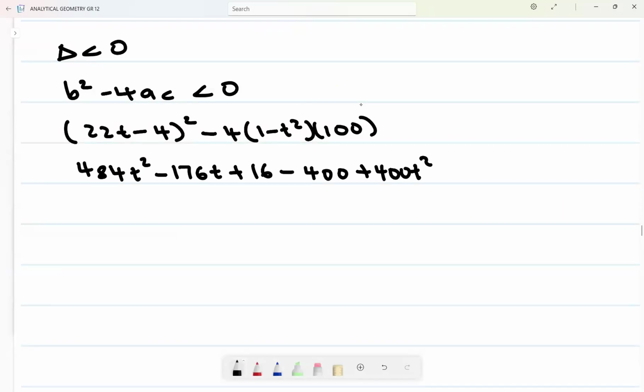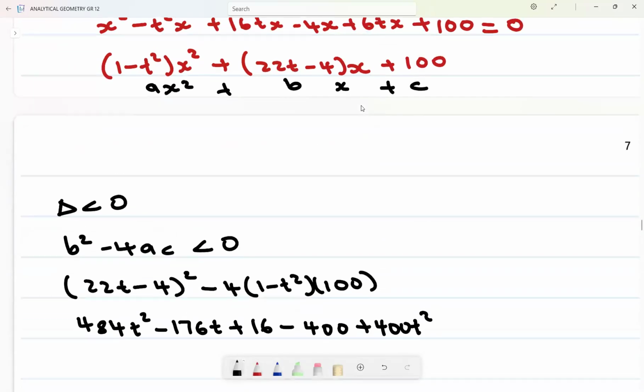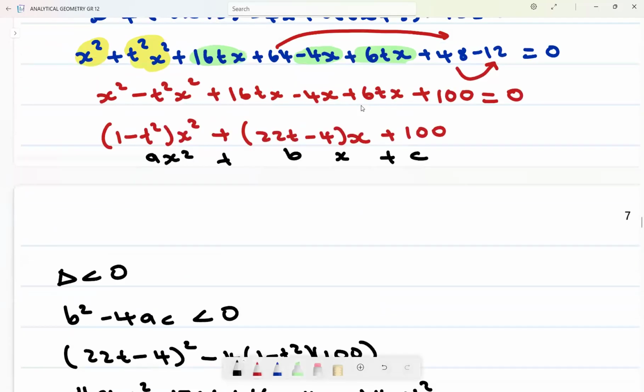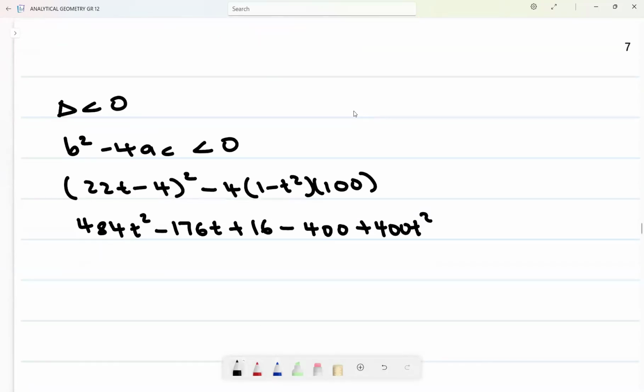But I need that to be less than 0. Is it minus here? Okay, it is minus 1 minus t squared.